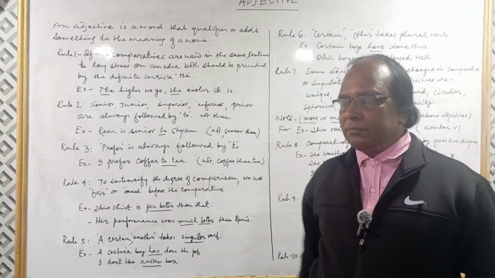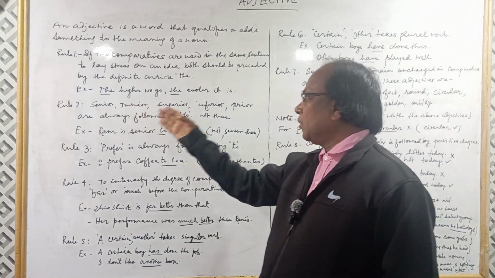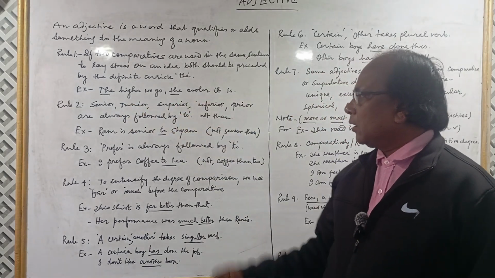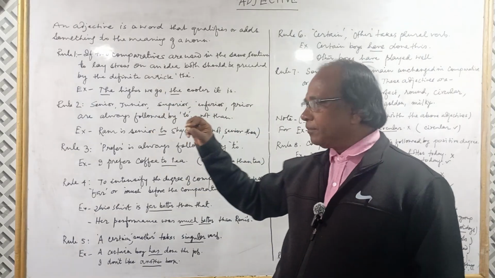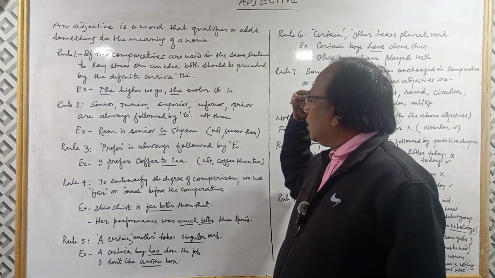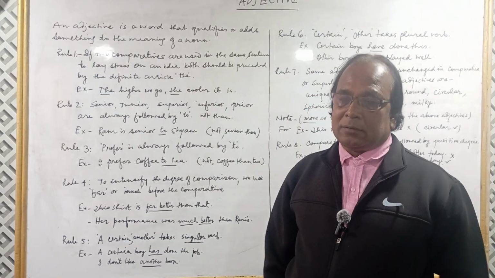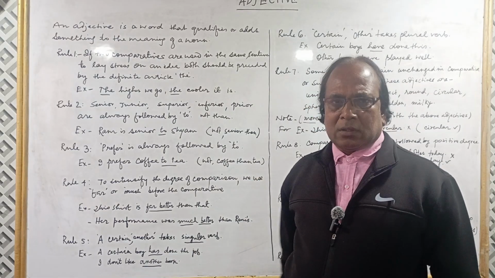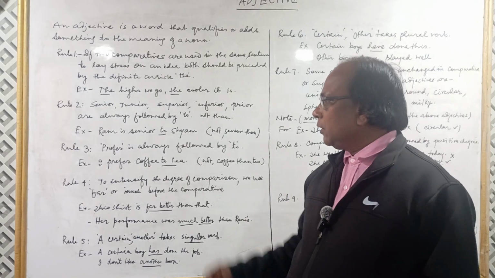Now, the second rule. There are certain words like this: senior, junior, superior, inferior, prior. All these words are followed by to, not than. Sometimes wrongly we use than in place of to, that is incorrect.